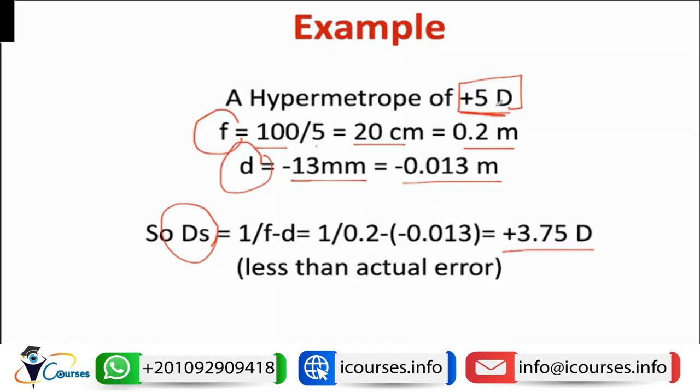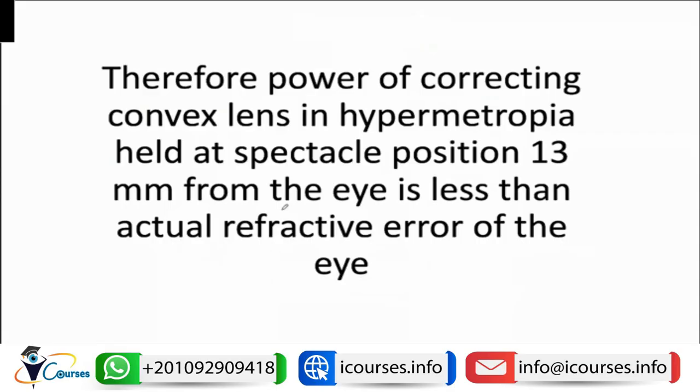So although the patient has an actual error of plus 5 diopters, the correcting lens will be plus 3.75, which is less than the actual refractive error. This is the reverse of myopia. So the power of the correcting convex lens in hypermetropia, held in a spectacle position at 13 millimeters, is less than the actual refractive power of the eye.